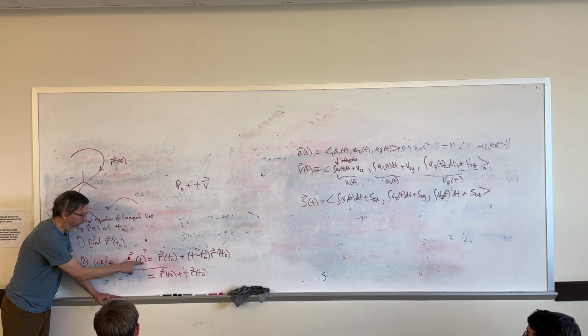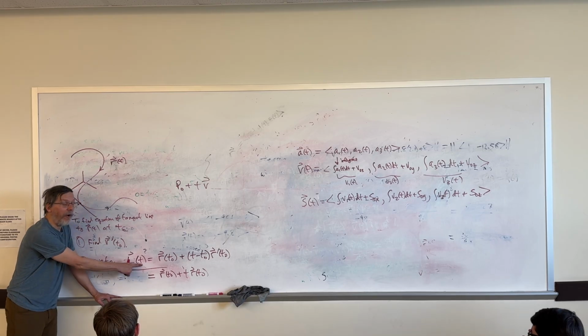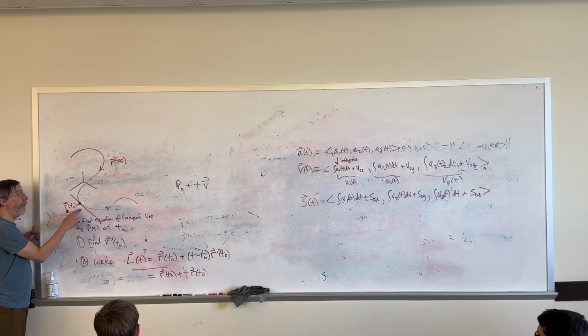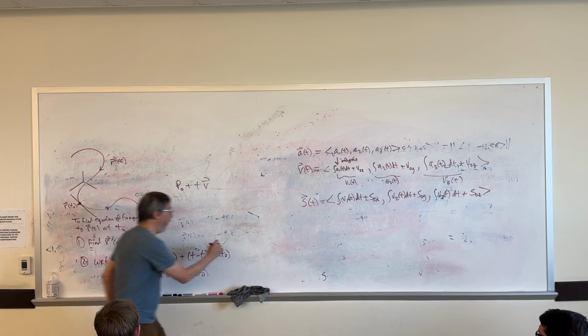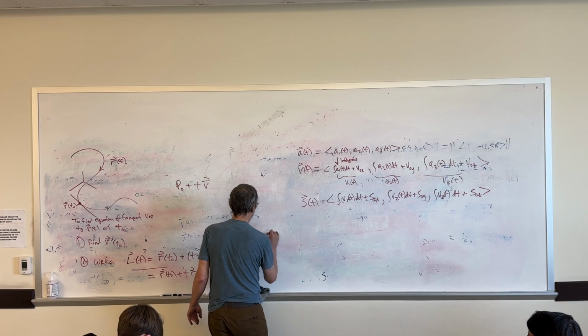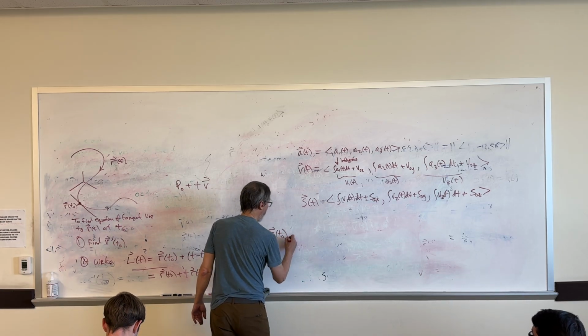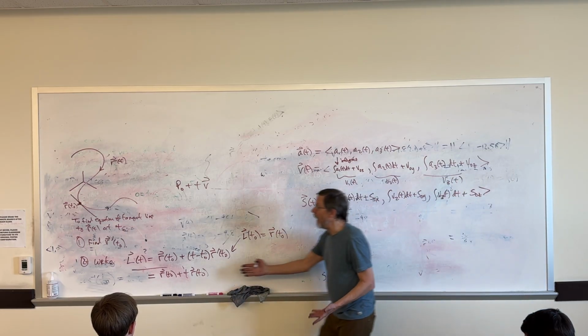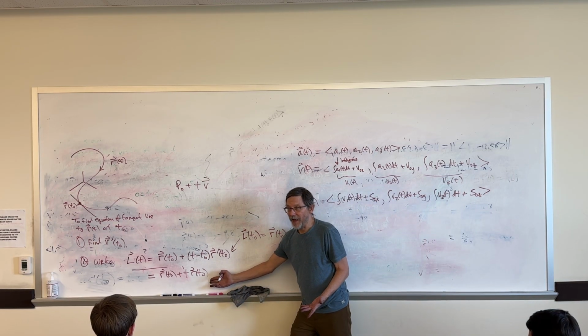L, what is this thing? If I plug in t naught here, what do I get out? r of t naught, right? So this thing here agrees with this thing at t naught. Let's make a little note that this form, L at t naught, actually equals the point of tangency. But this form doesn't at t naught.